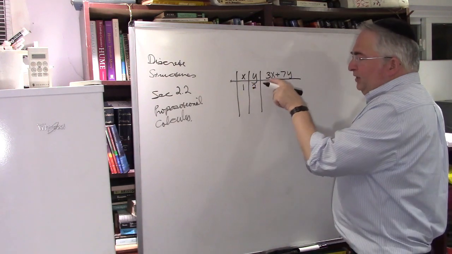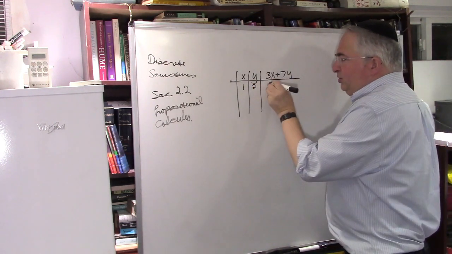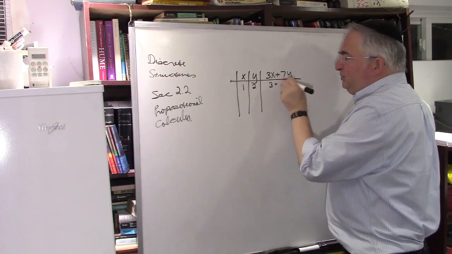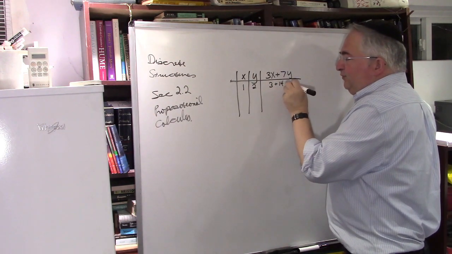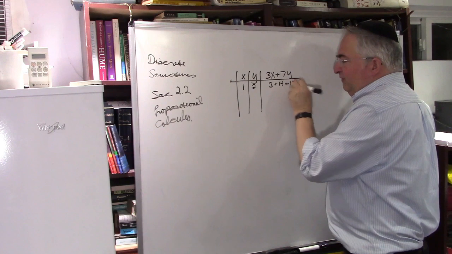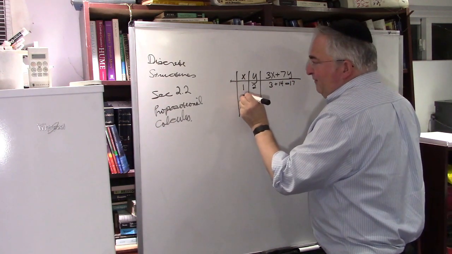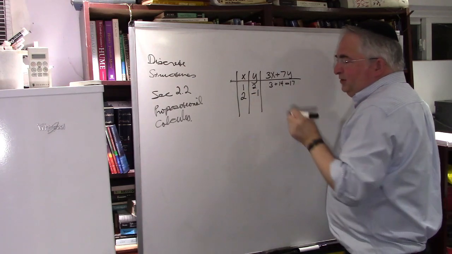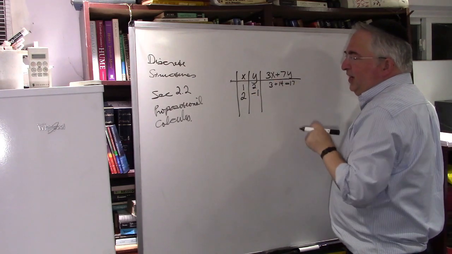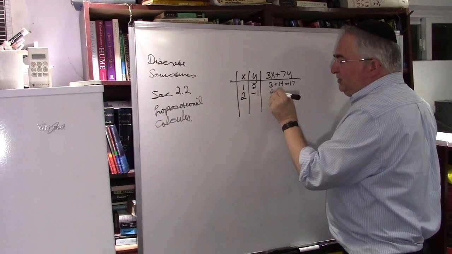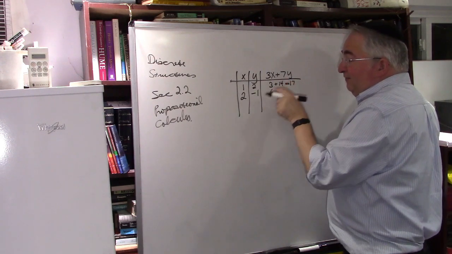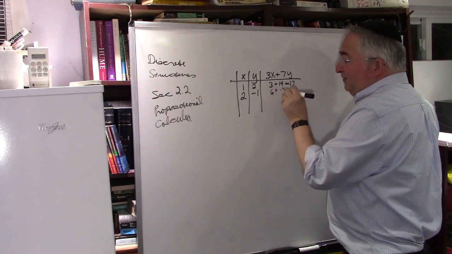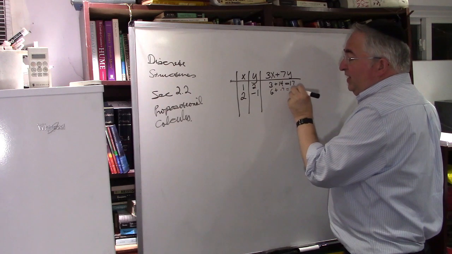Then 3 times 1 is 3, plus 7 times 2 is 14. 3 plus 14 is 17. And if x is 2 and y is negative 1, then 3 times 2 is 6 plus negative 7. 6 plus negative 7 is negative 1.